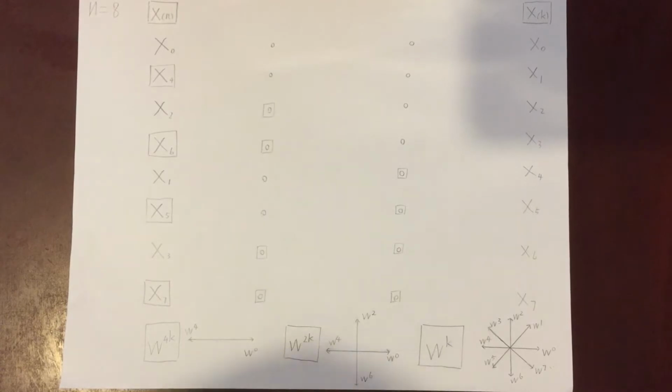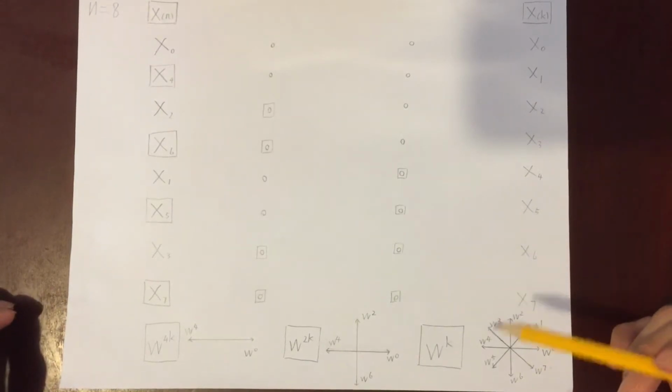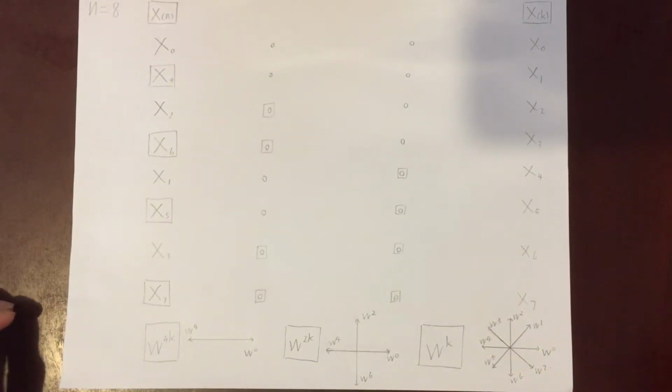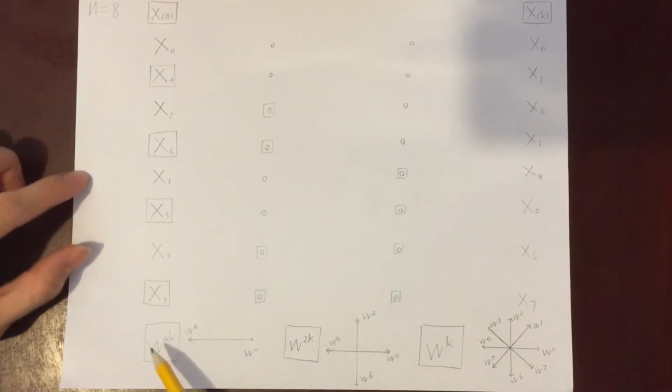Okay, now let's use what we already know to reconstruct the butterfly diagram. To reconstruct the butterfly diagram, we simply just need to list all the possible outcomes of each stage, as I have mentioned, okay? And to do that, we need to first look at these 3 twiddle factors of each stage.